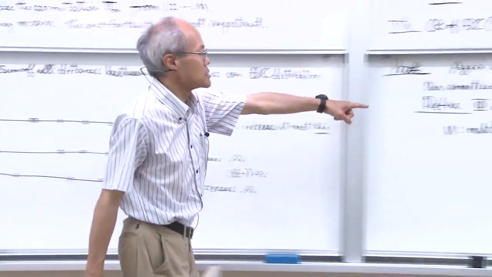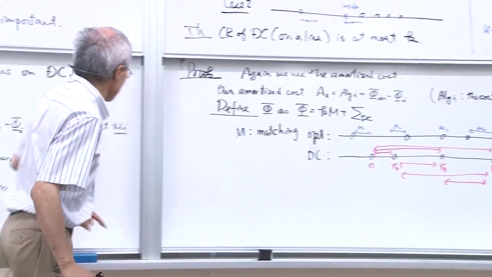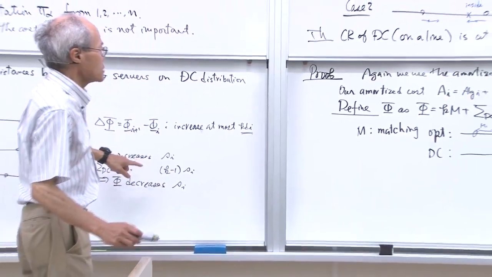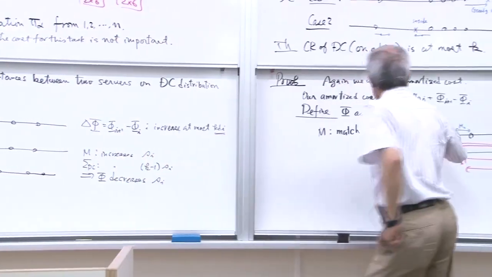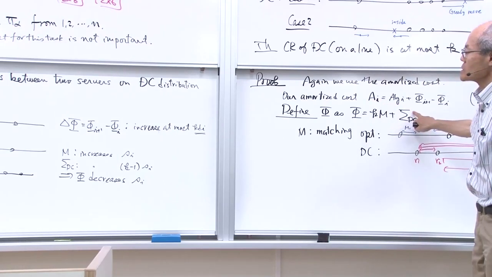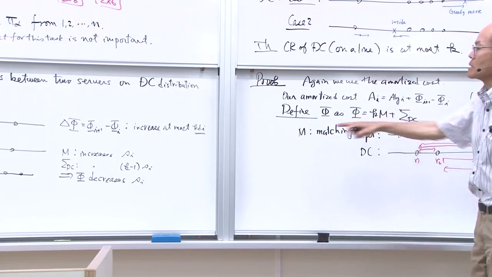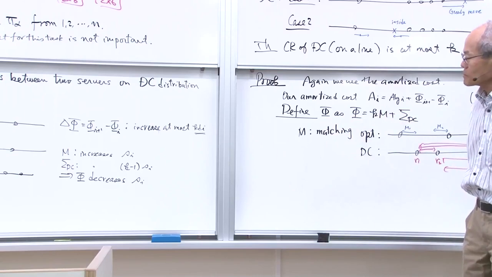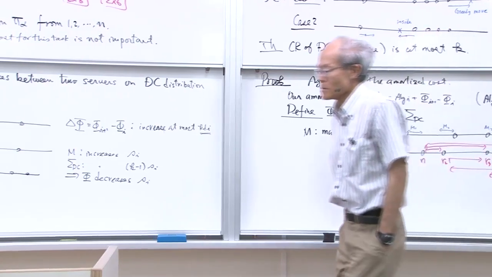Then what is this phi? M increases s_i, and this k minus 1 increases. Then phi decreases s_i.